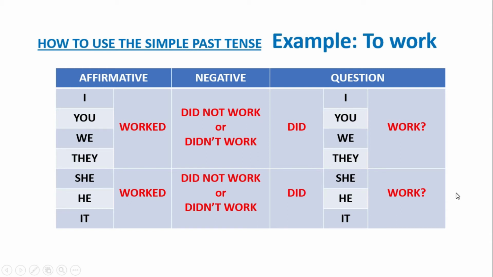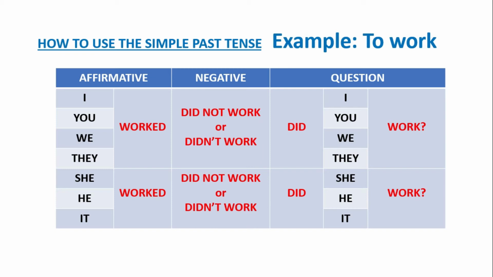Did it work? So that is an example of the verb to work in simple past tense. Another thing that you need to know: the auxiliary verb did, in this kind of tense, you always use it in negative and in question statements.